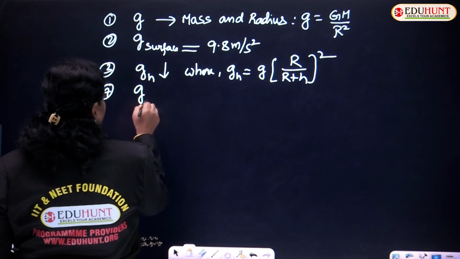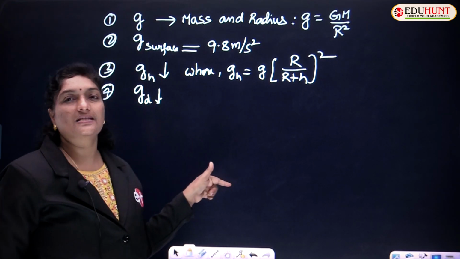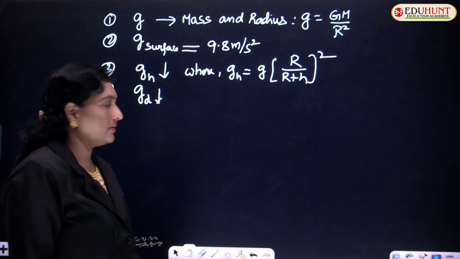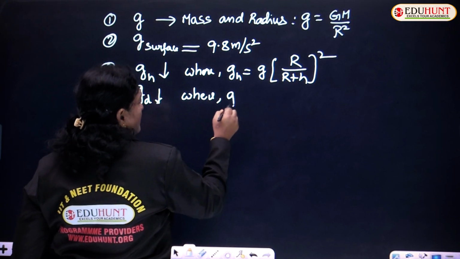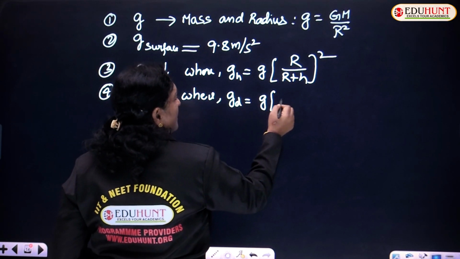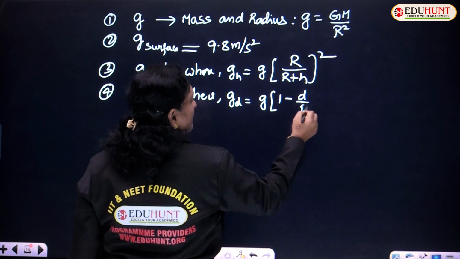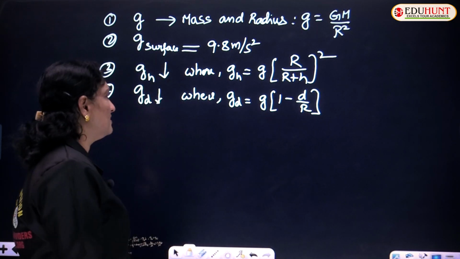Similarly, the value of acceleration due to gravity also decreases as you go deep inside the surface of the earth, and it decreases by a factor with respect to depth, given as g times (1 minus d by r). How much is that? g times (1 minus d by r).